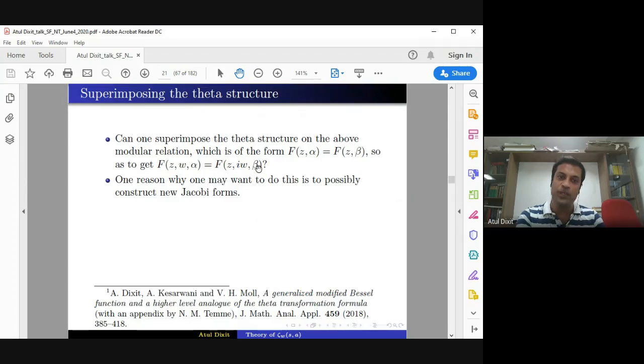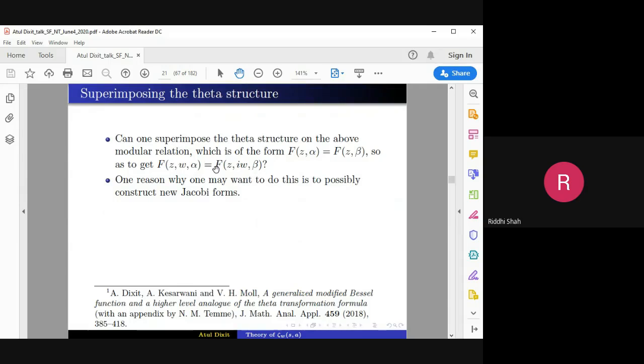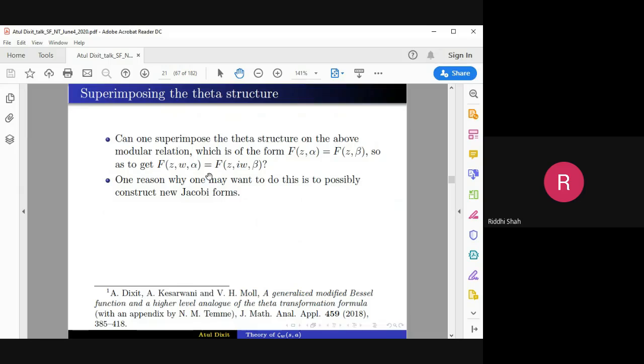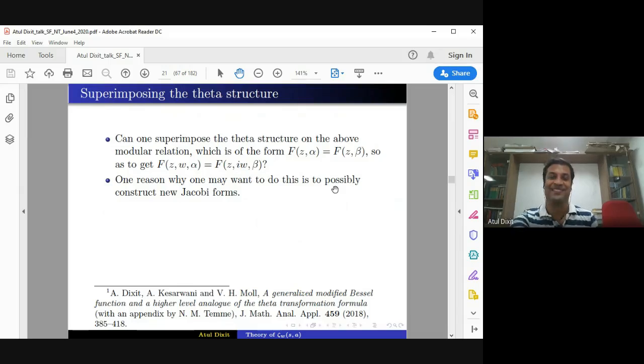It will be equal to itself, I mean, it will be invariant only when w is replaced by iw, and simultaneously alpha is replaced by 1 by alpha. And the reason I call this a theta structure is that the prototypical example is the Jacobi theta function and the theta transformation. Okay. Thanks.